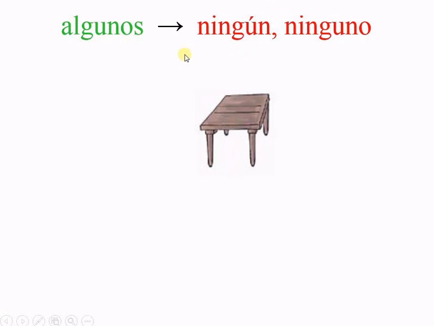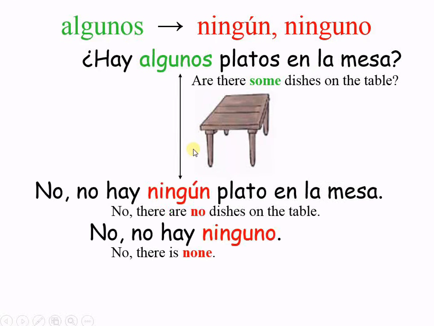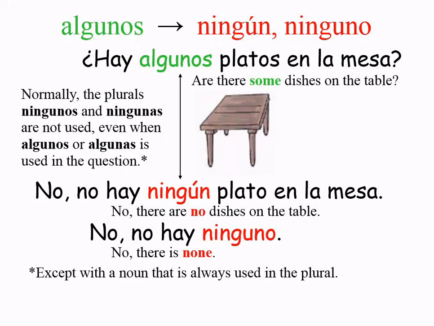Let's see algunos. And the opposite of algunos is ningún o ninguno. ¿Hay algunos platos en la mesa? No hay ningún plato en la mesa. Or no hay ninguno.